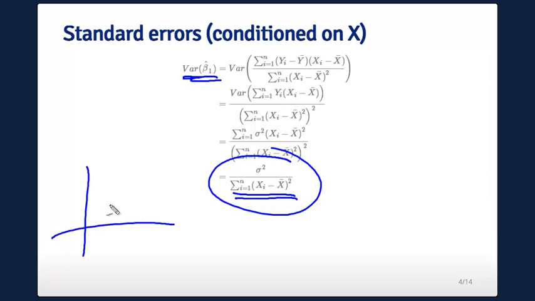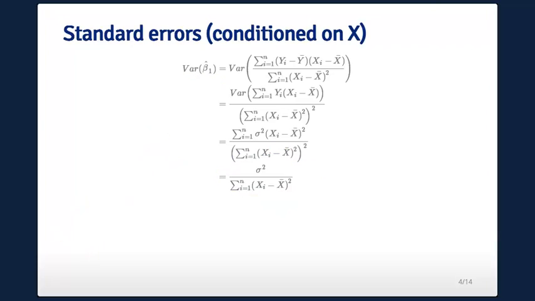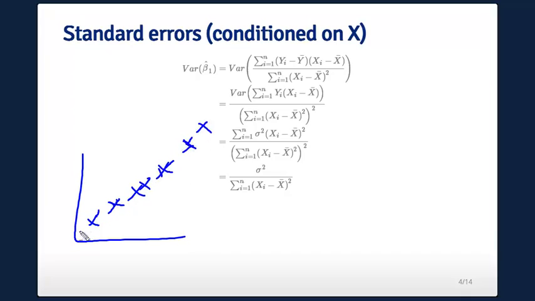How well are you going to be able to estimate a regression slope if you collect data all in a little cluster? Very little variability in my x's, there's going to be a lot of variability in my regression slope. But on the other hand, if I collect data nice and spread out, then I'm going to get a better estimate of my regression slope.